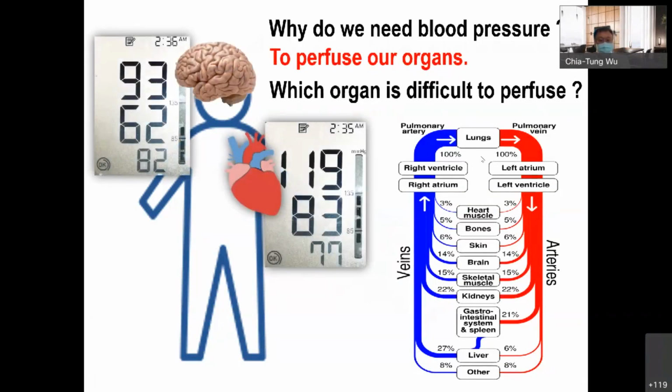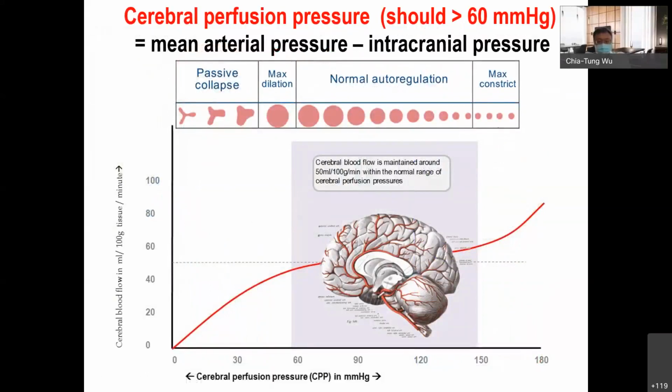So for humans, what is the perfusion pressure necessary for our brain perfusion? To make a stable brain perfusion, we need a blood pressure above 60 mmHg. That we call the cerebral perfusion pressure. It equals the mean arterial pressure minus intracranial pressure.